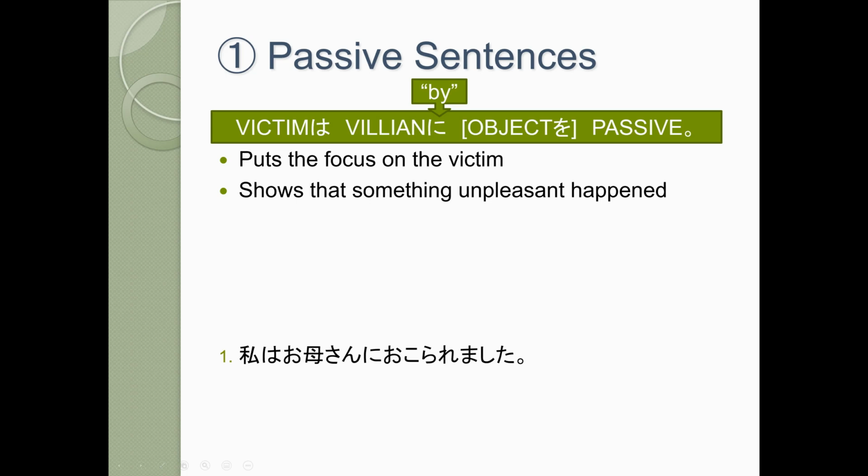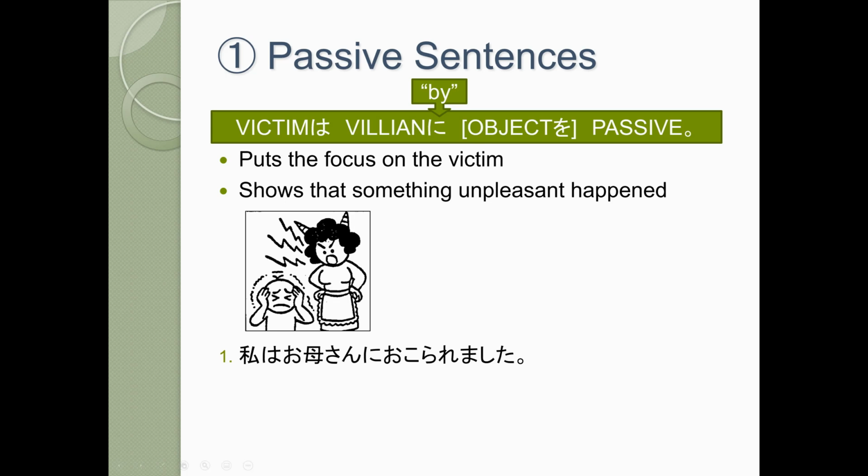So, 例えば、私はお母さんに怒られました。So, who got mad at who in this context? そうですね。My mom got mad at me. And that made me feel sad or stressed or angry or unhappy in some way.